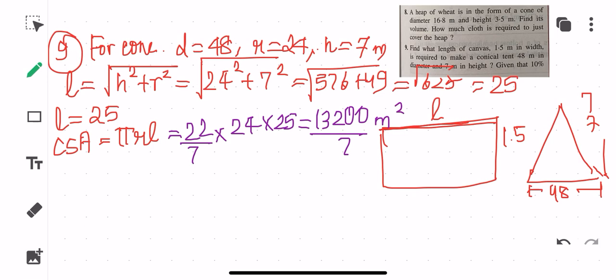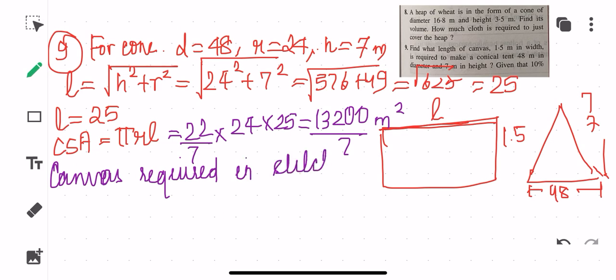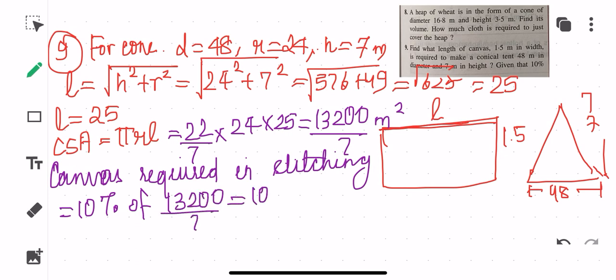So write down, 10% of canvas required in stitching is equal to 10% of 13200 divided by 7. So this is coming out to be equal to 10 upon 100 into 13200 divided by 7. So you are getting how much? 1320 divided by 7, children.